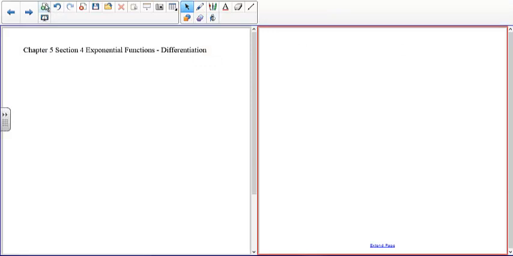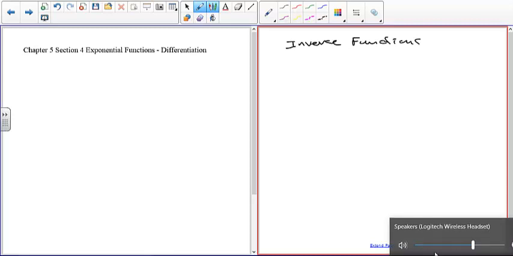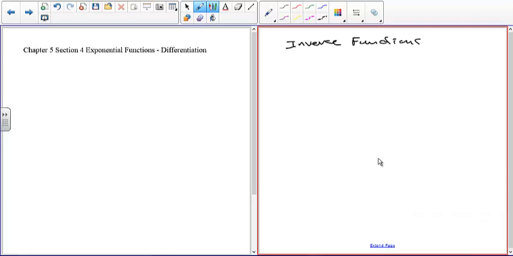So what you probably remember about inverse functions, so there's no homework out of section 3.